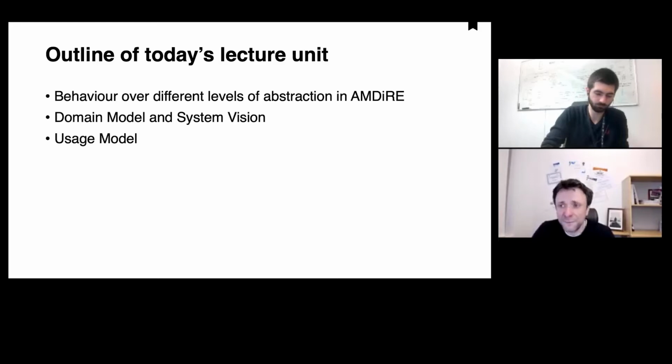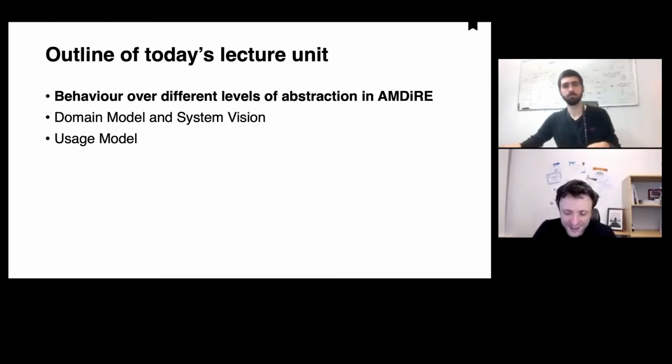So let's first discuss this general notion of functional behavior and how it relates to the different levels of abstraction. And here I will be iterating a couple of times through the very same levels of abstraction. I might, to some extent, sound a little bit like a preacher or a politician, I don't know.